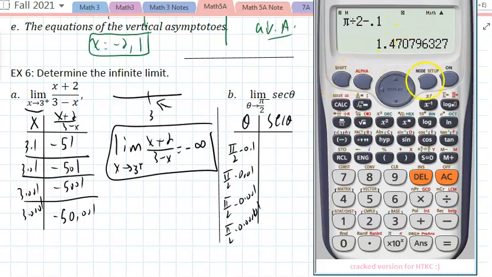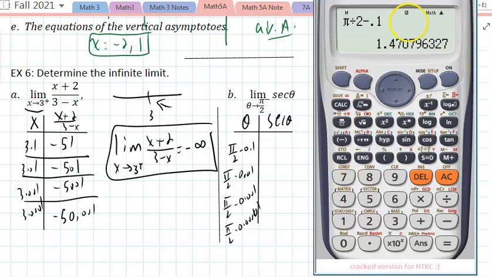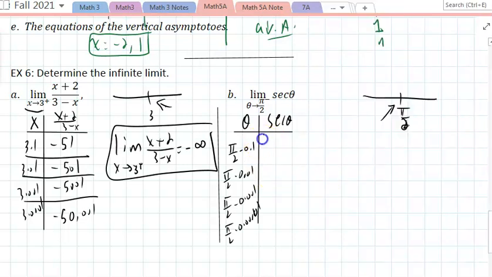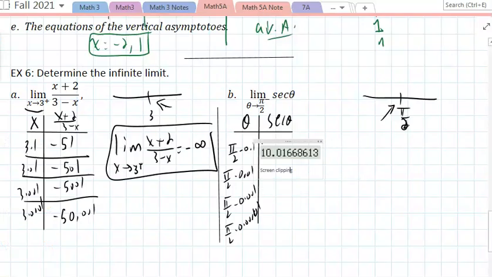This will never work unless you are in radians. R stands for radians. Now, there's no secant, but there's 1 divided by the cosine of the answer. And there's the first value. First value I'm getting is 10 point something. Okay, I'll get closer.